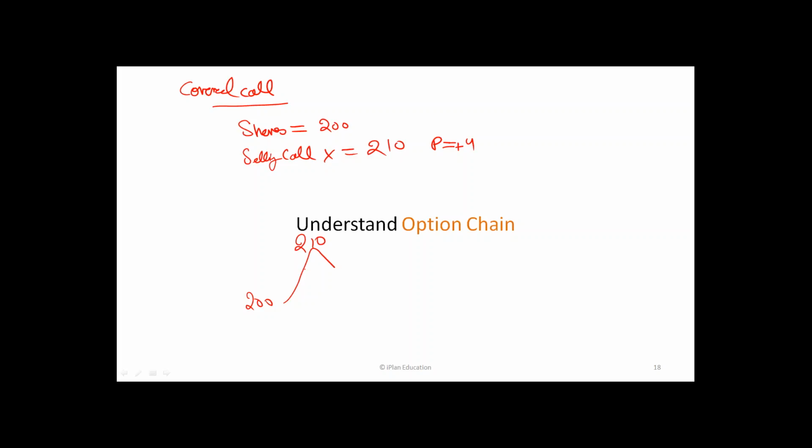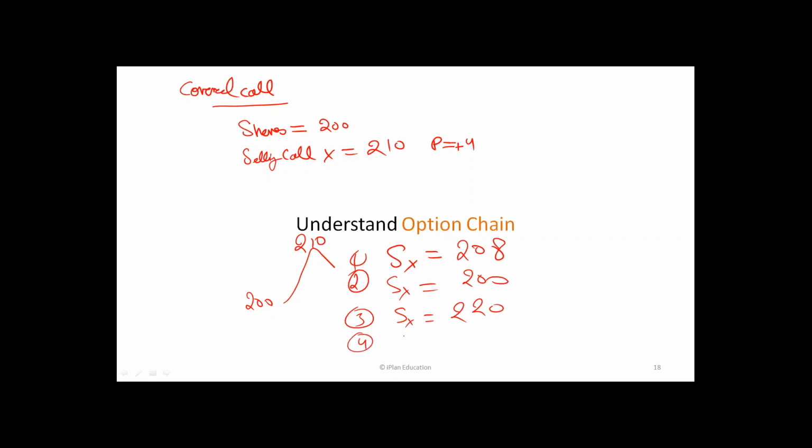Now in this situation, what will happen on the date of expiry? In condition 1, the spot price goes to 208, as we thought. In condition 2, the spot price remains at 200. In condition 3, the spot goes to 220.